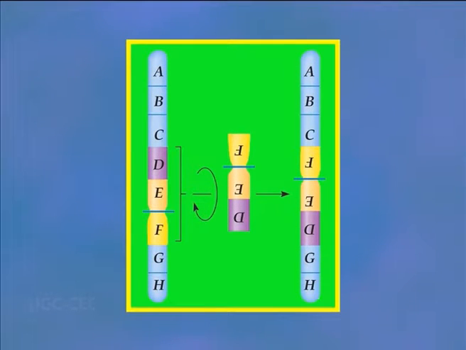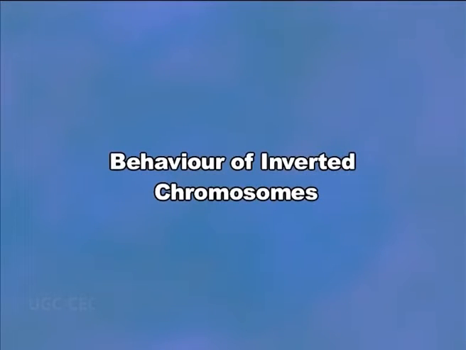If a chromosome having gene alignment A, B, C, D, E, F, G, H breaks at points C and F and the middle segment undergoes inversion, the gene sequence in the inverted chromosome is changed to A, B, C, F, E, D, G, H.